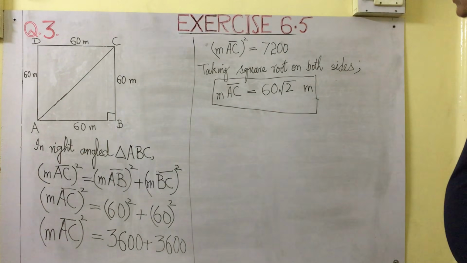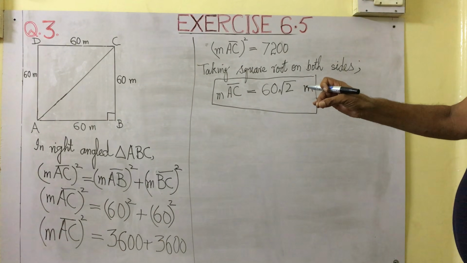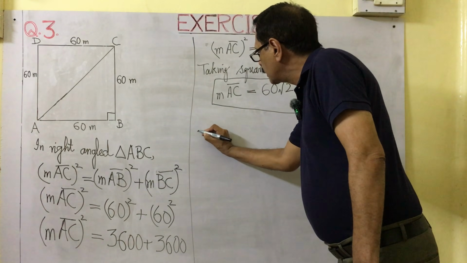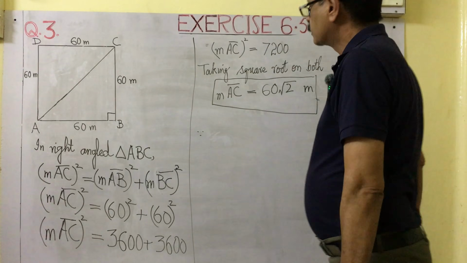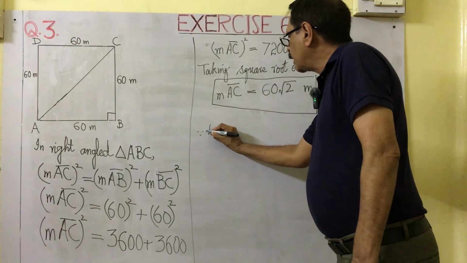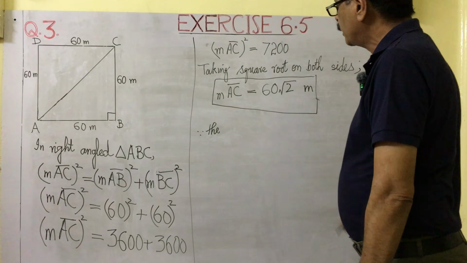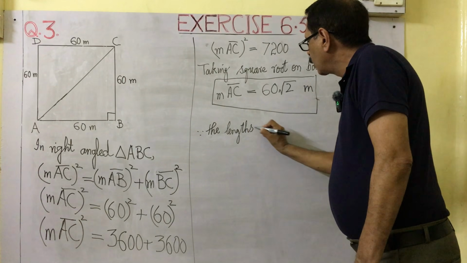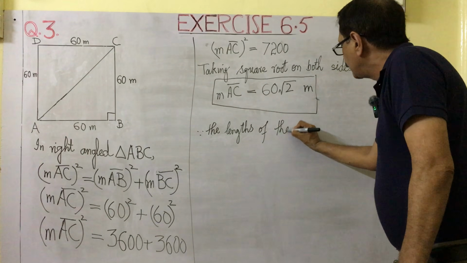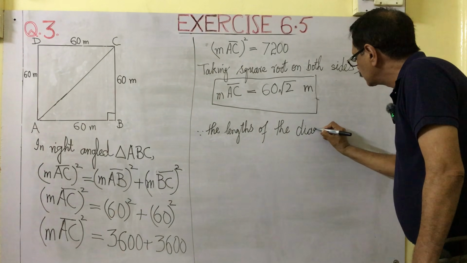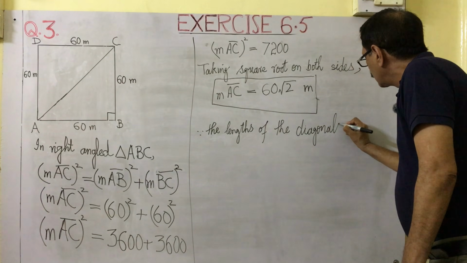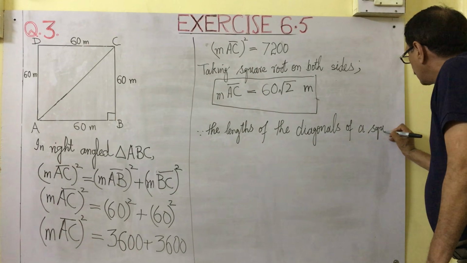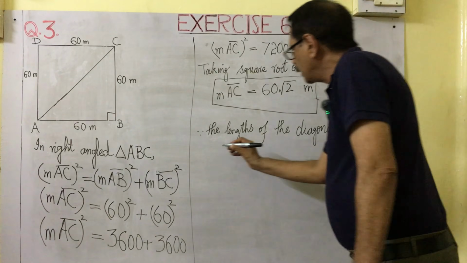In the question it was asked to find the length of the diagonals. The other diagonal is BD, because the lengths of the diagonals of a square are equal.